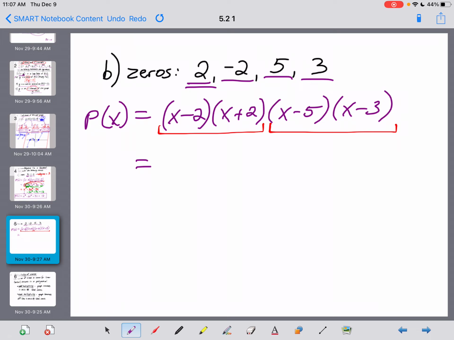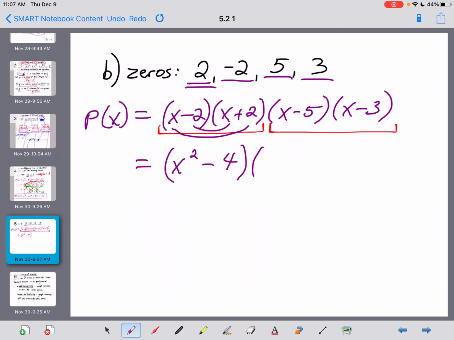When you FOIL this, the x times x is going to give you x squared. The outer product is going to be a plus 2x. The inner product is a minus 2x. They just cancel each other out. And then the minus 2 times the plus 2 is a minus 4. So it's unusual. But when you FOIL two conjugate binomials, you don't get a trinomial, you get just a binomial.